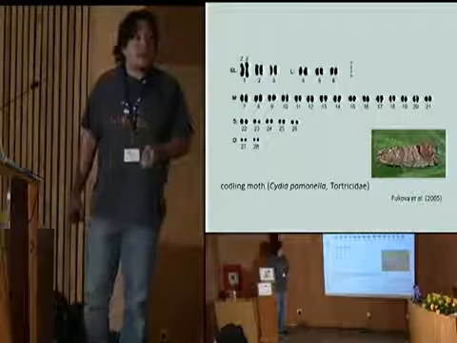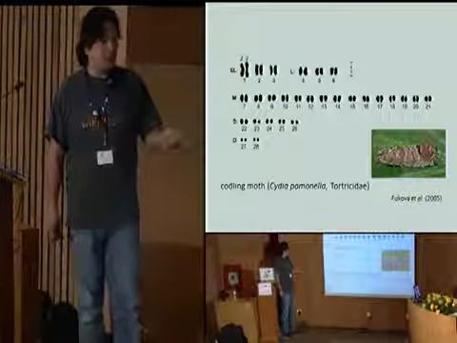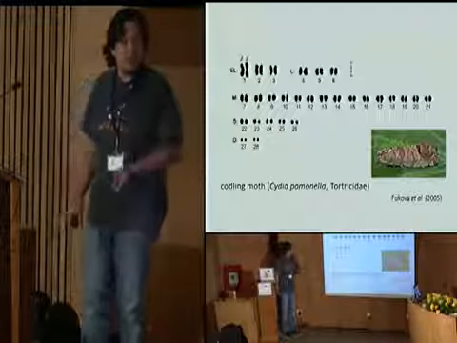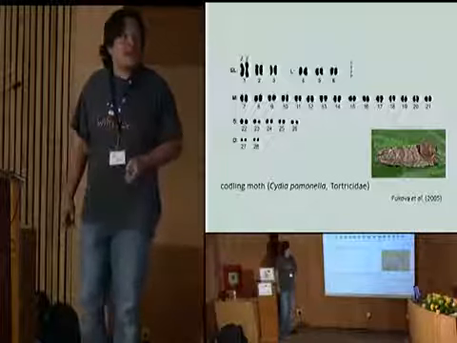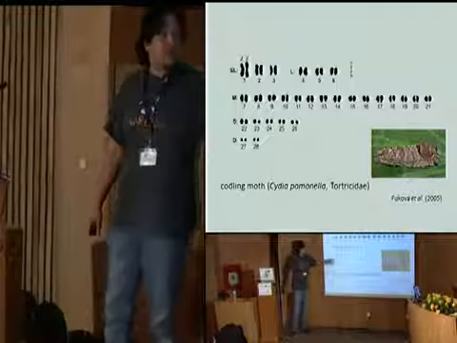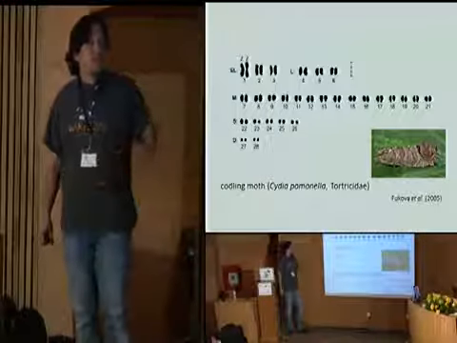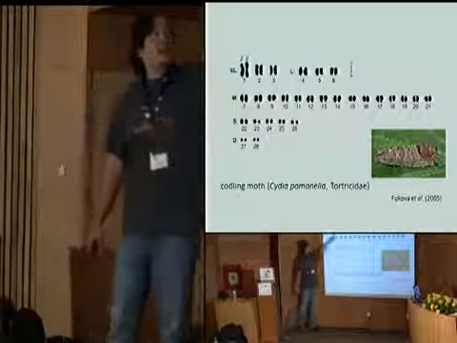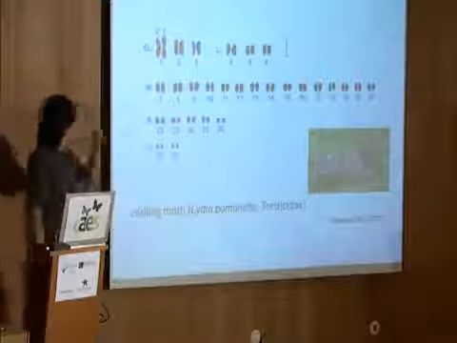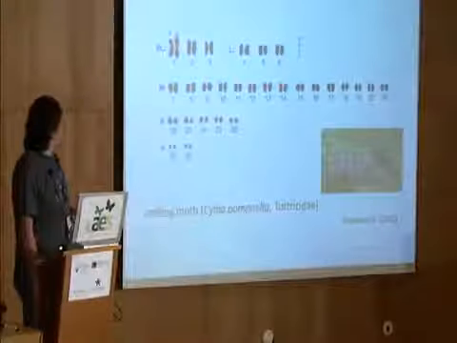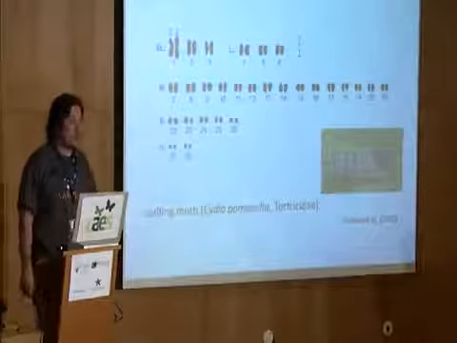This is another karyotype, of the codling moth, Cydia pomonella, from the family Tortricidae. It's our main model in our lab, and you can see that the chromosome number is reduced to a haploid number of 28, and there are 3 pairs of extra large chromosomes, and conspicuously the largest one was identified as the sex chromosome pair.